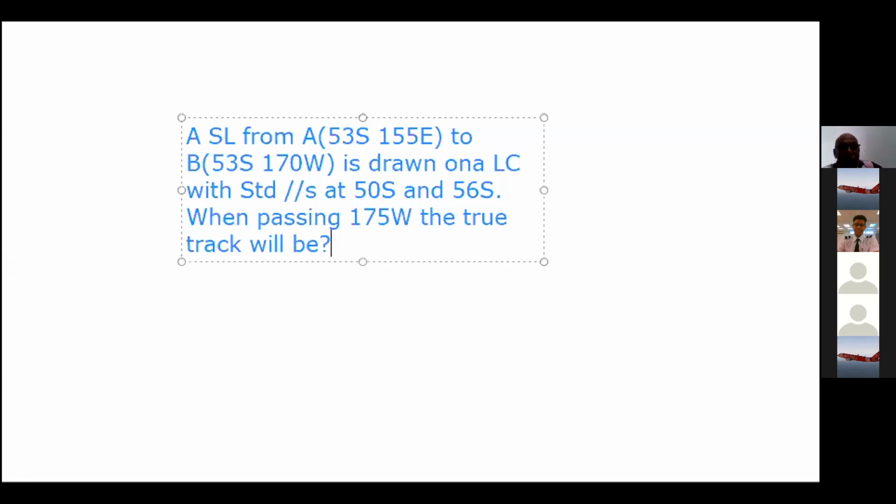Okay. What will it be at 175? So 078. In fact, you can go straight without doing the initial also. You go from 155, I mean, you do 30 degrees change of longitude.